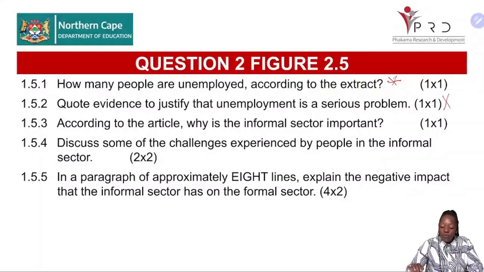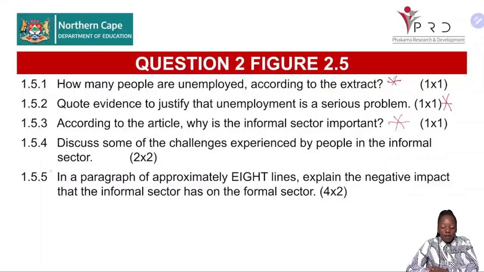So again, you need to quote, you put another star because you need to go back to the extract to get the correct quote. Then your 1.5.3, according to the article, why is the informal sector important? So the first 3 questions, you're supposed to go back to the infographic.